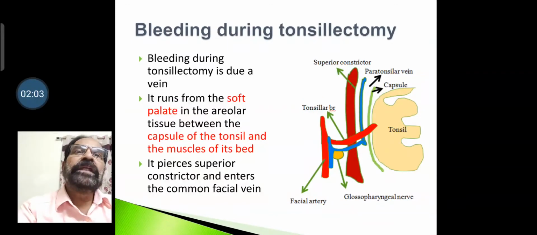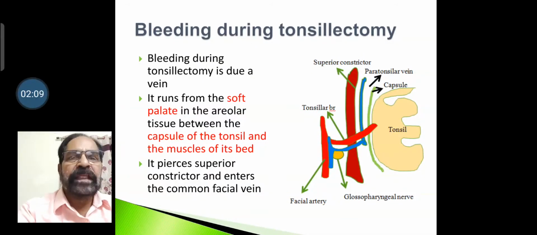Then bleeding during tonsillectomy. Bleeding during tonsillectomy is due to a vein. The vein runs from the soft palate in the areolar tissue between the capsule of the tonsil that you can see in the picture and the muscles of its bed, that is superior constrictor.